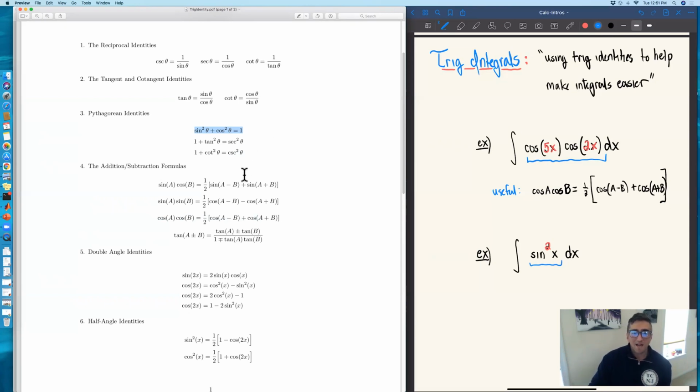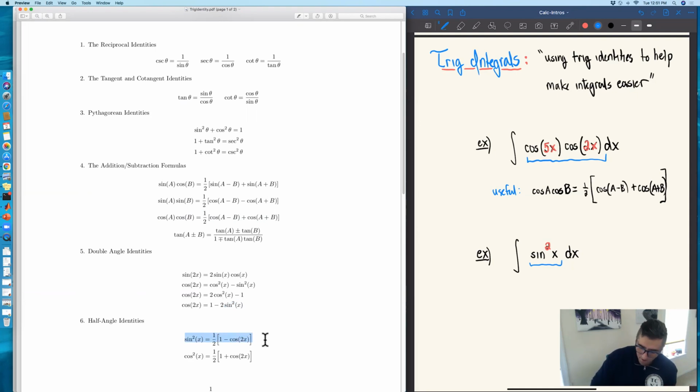So looking down our list, we can see where other sine squared aspects come up. We see a sine squared in this cosine double angle identity. We also see a sine squared in this bottom half angle identity. And I would argue we can use either this double angle or half angle identity, because if we solve for the sine squared in this double angle identity, we will just get the half angle identity down here.